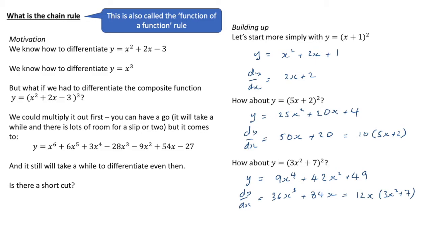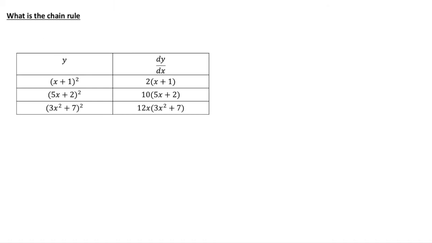We differentiate that and get 36x cubed, which is 4 times 9 times x cubed, and then we get 84x. Factorise that, and we can take an x out this time, so we get 12x times (3x squared plus 7).